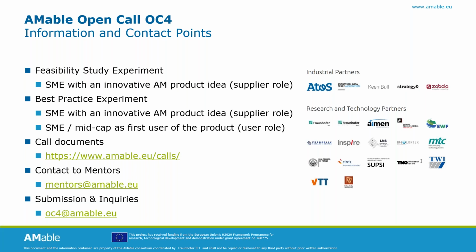So if you apply in our AMable calls, let's say for 20, you can still go for another 80 or another 90. They state that legal entities that already received 100,000 euros will not be selected again for funding. So this is one of the rules that you should look at.